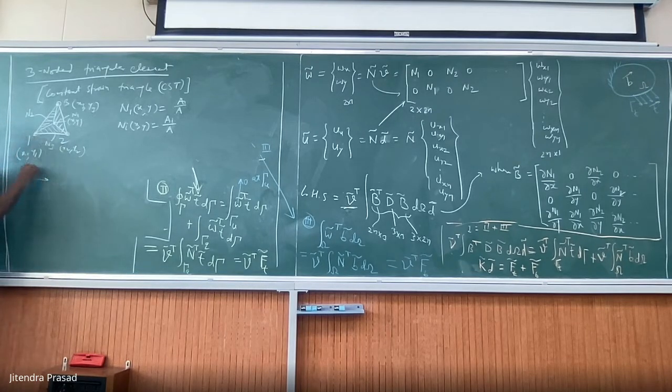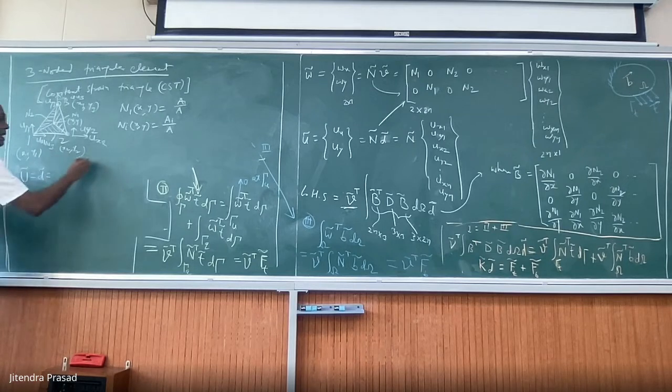So how will you decide? It depends on how the u vector, or we call it d, will look like. You have displacement here, ux1, uy1, displacement here, ux2, uy2, displacement here, ux3, uy3. So the displacement vector will have all the 6.